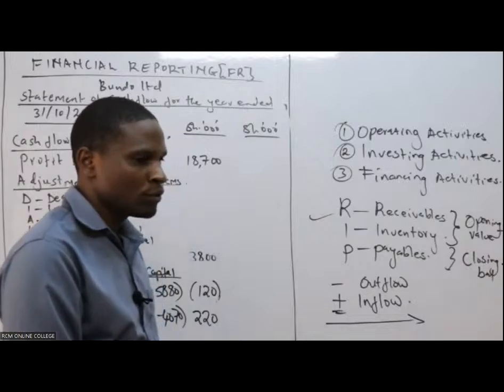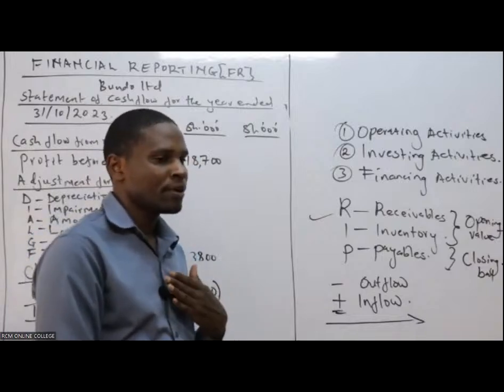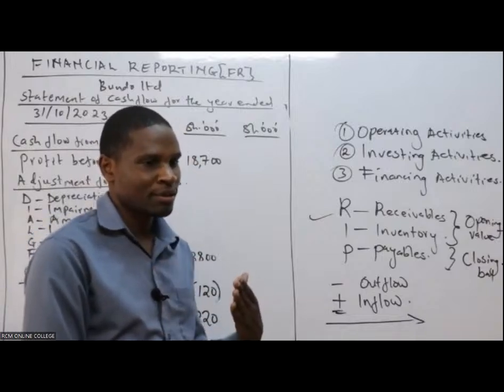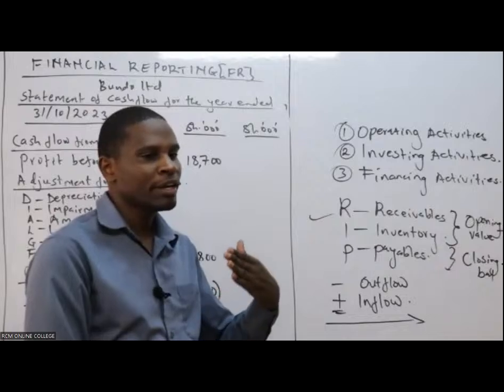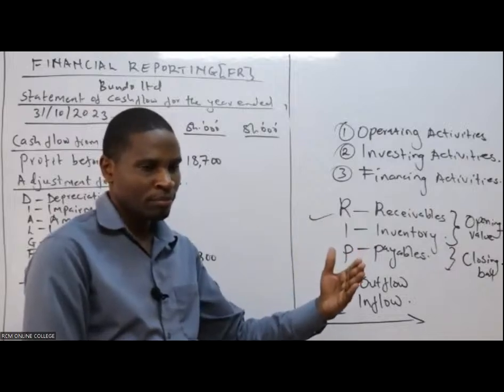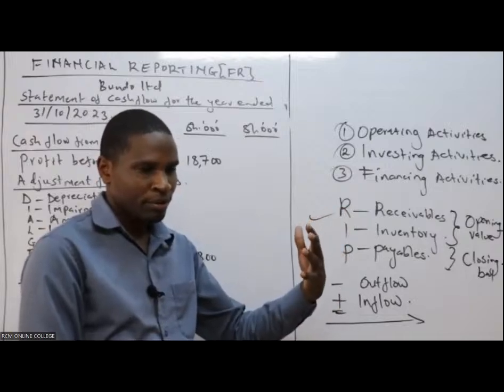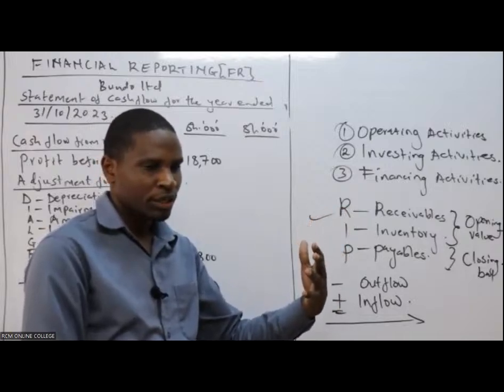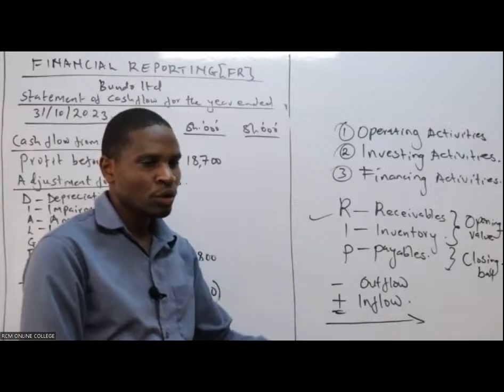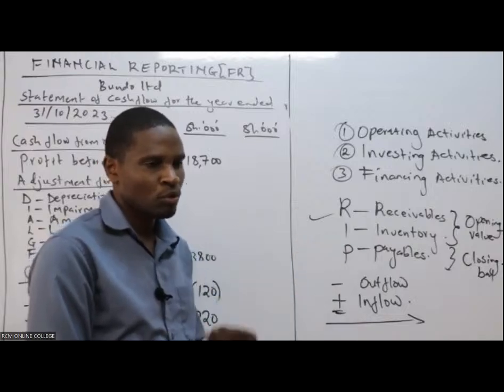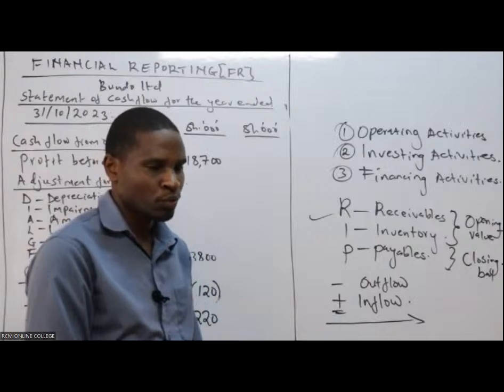Do you remember what we said, that if you owe your suppliers, you should take very many days to pay them. So you take more days before you pay them, so that you get more profit from the goods they supply to you.